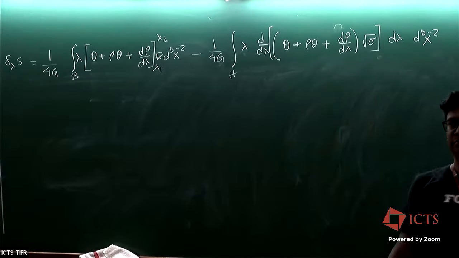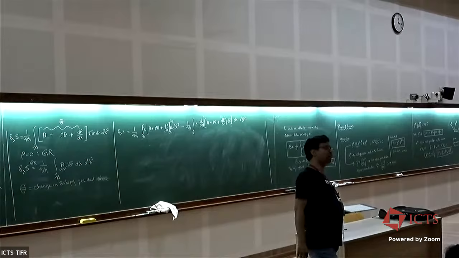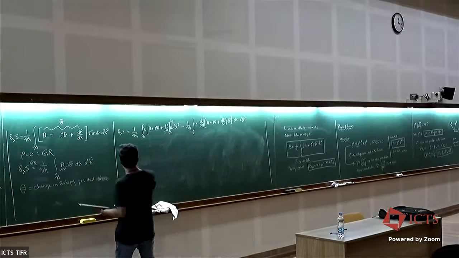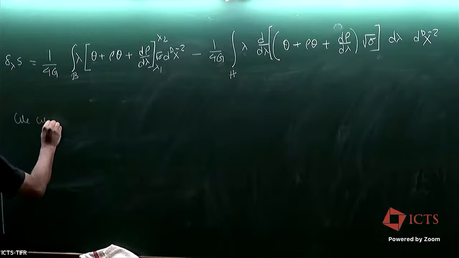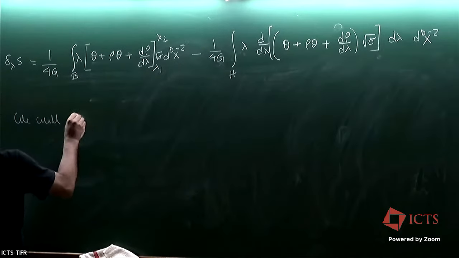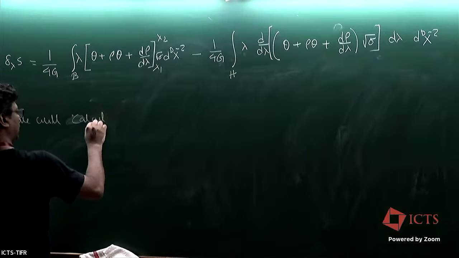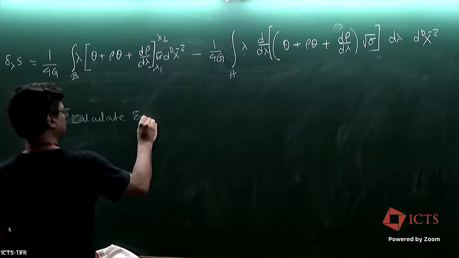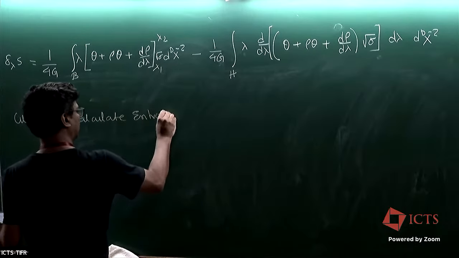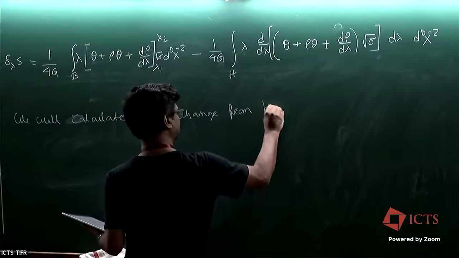Let us understand this object. This entire object is evaluated between two cross sections, lambda 1 to lambda 2. Now, ideally this is not 0. It will contribute some boundary term, and it will play an important role. We will calculate the entropy change from the bifurcation surface.